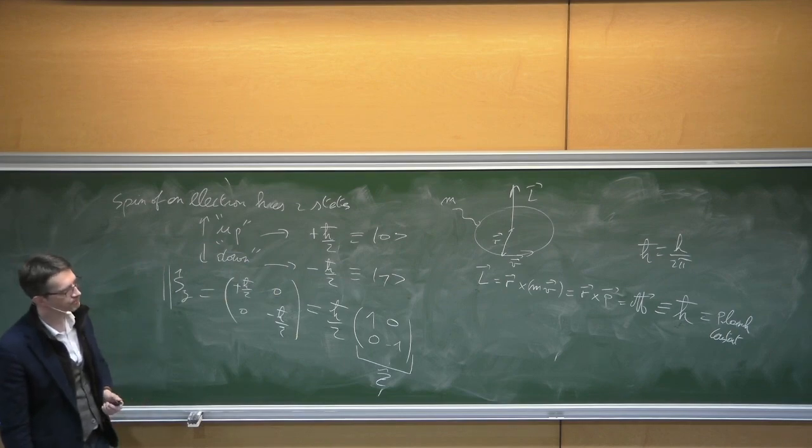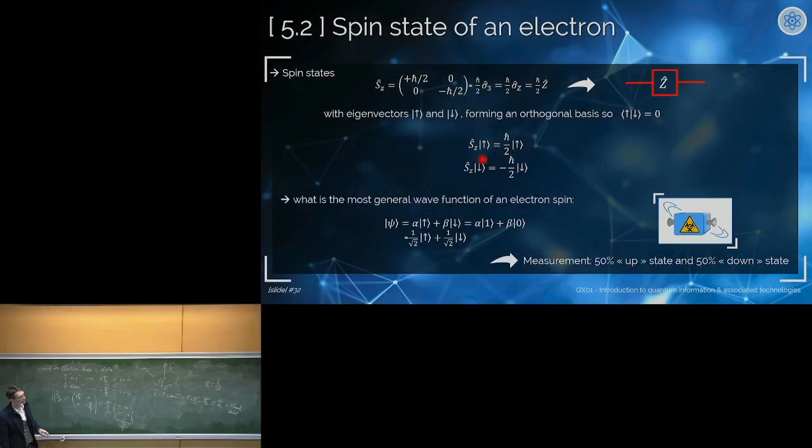So what about the other two? We can define the two spin states, plus h bar over 2 and minus h bar over 2. Like I said, this is the sigma 3, that we define as an example of the Pauli matrices.